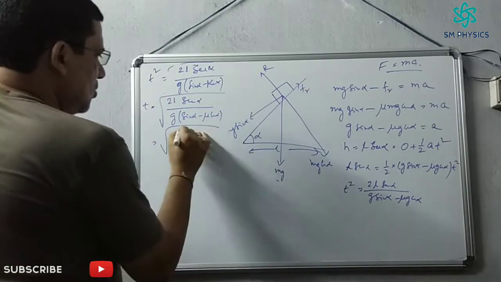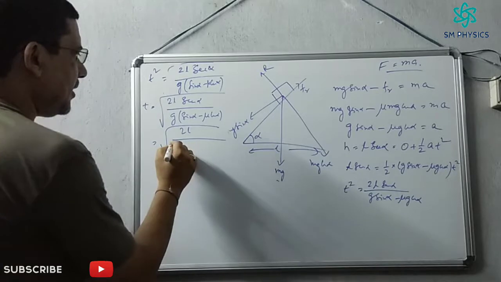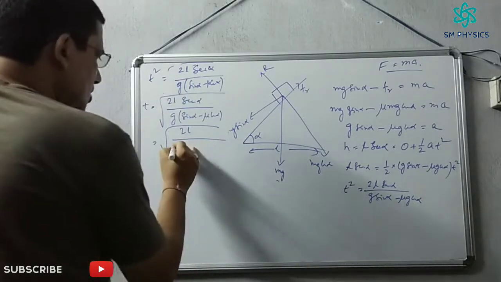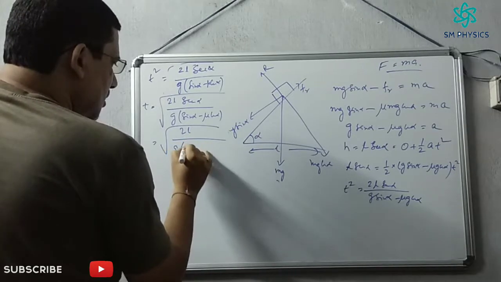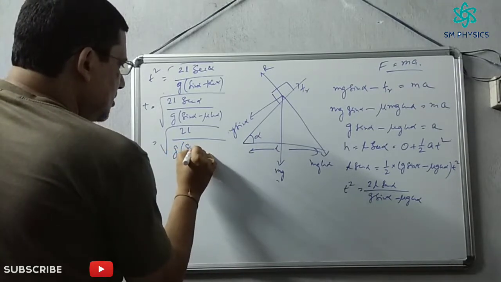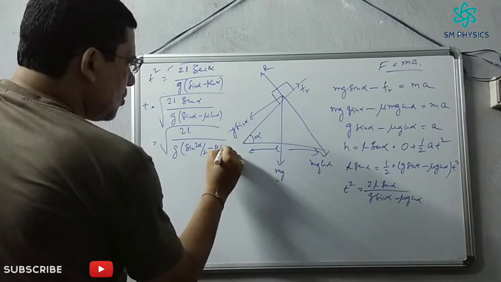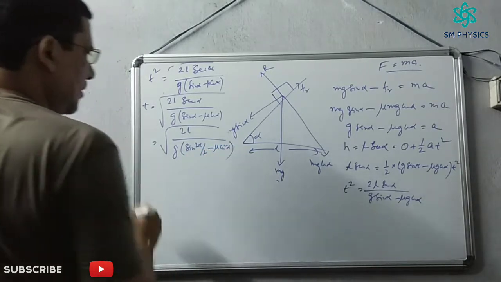So t equals the root of 2L sec alpha divided by g into sin alpha minus mu cos alpha. Since 1 by sec alpha is cos alpha, this becomes 2L divided by g into sin 2 alpha by 2 minus mu cos square alpha.